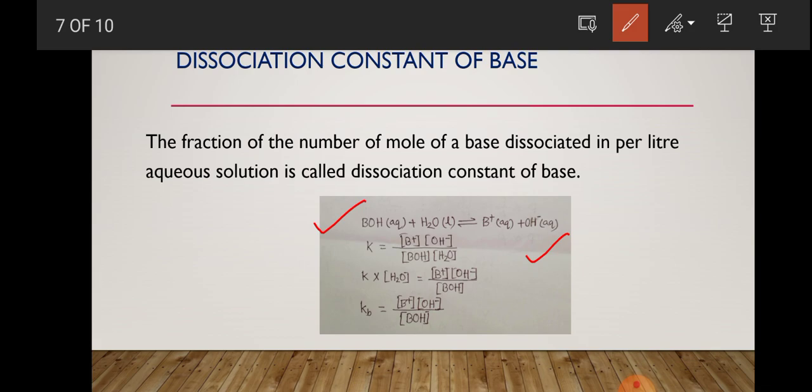and according to the law of mass action we can write K equal to concentration of B plus into concentration of hydroxide ion divided by concentration of BOH into concentration of water, and K into concentration of water equals concentration of B plus ion into concentration of hydroxide ion divided by concentration of BOH.